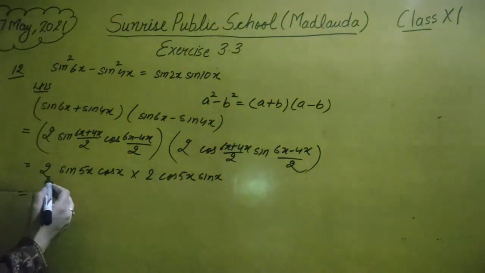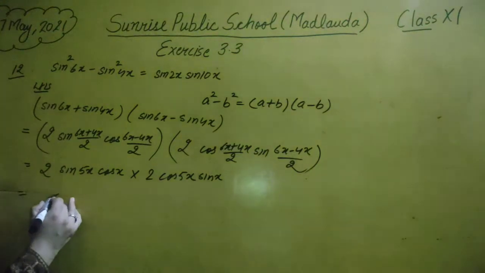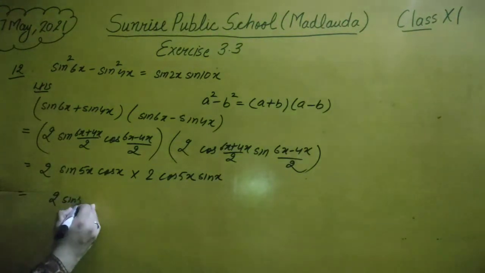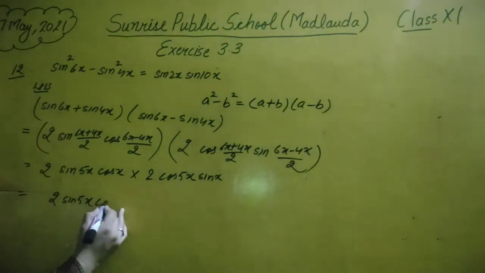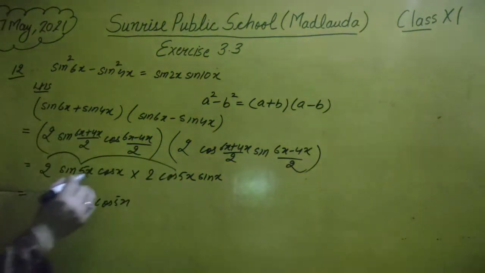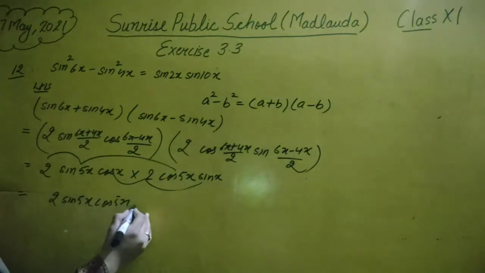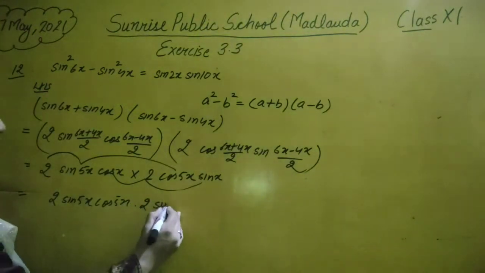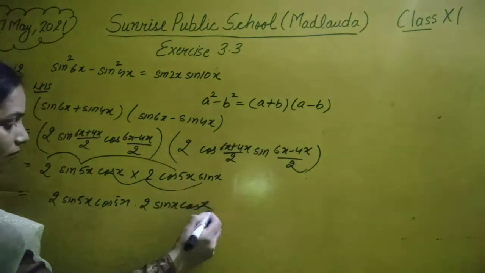Now we will take 2 sin 5x and cos 5x. You will collect these terms together, so it will become 2 sin x and cos x.